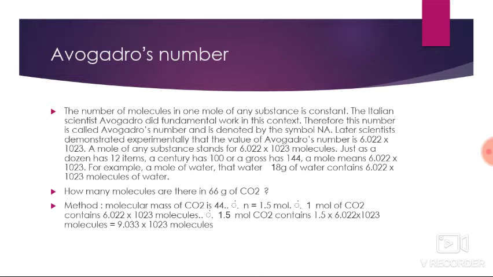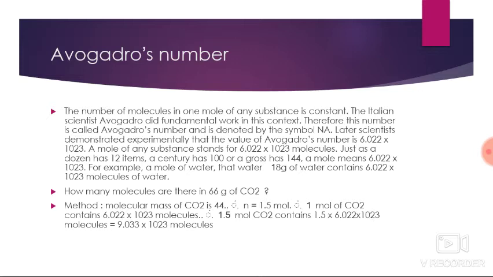So there are 9.033 into 10 raised to 23 molecules in 1.5 moles of carbon dioxide. This is the way we have to calculate. It's very easy. However many moles you get as the answer, you multiply it by 6.022 into 10 raised to 23 and you will get the number of molecules.